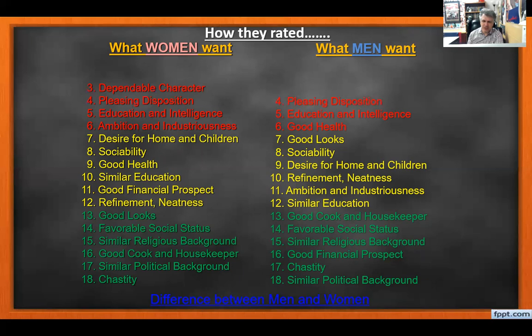Dependable character at 3, men also did. Emotional stability at 2, so did guys, and both of them put mutual attraction, am I as attracted to this person as they are to me? That was number 1 for both. So as much as we like to say that we're different, we're really very similar. We're really very similar in who we are and what we do.